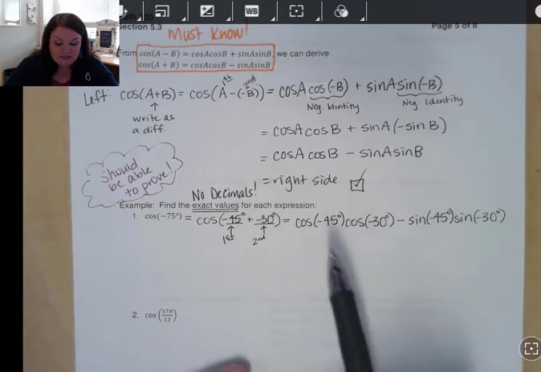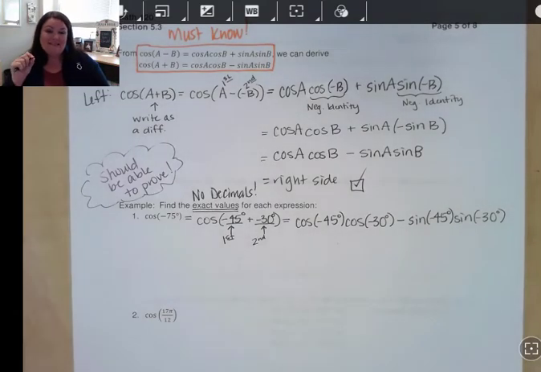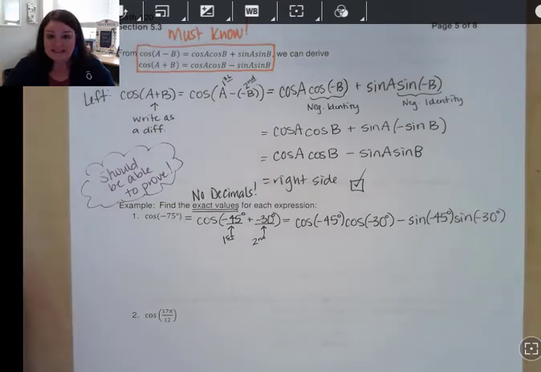So when you see negative degrees or negative radians, you can use the unit circle and just go in the clockwise direction to find those negative angle values, or you can use the negative identities.